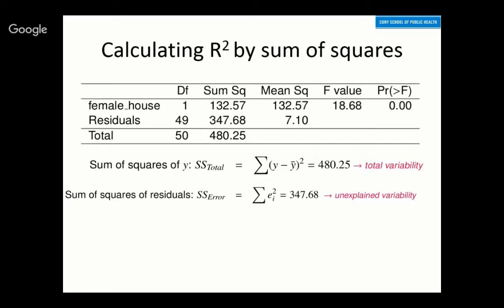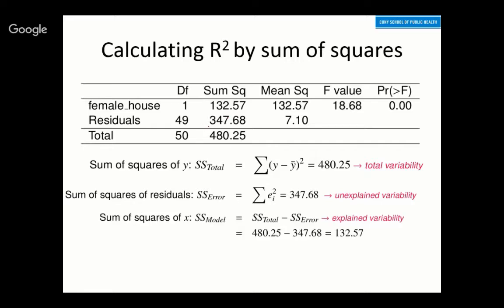Your sum of squares of the errors, 347, and your sum of squares of the model is this 132.57. And when you add these 2 up, you get your total. So you should always be able to, if you're looking at this sum of squares column, add them up for each row of your ANOVA table to get the total sum of squares.